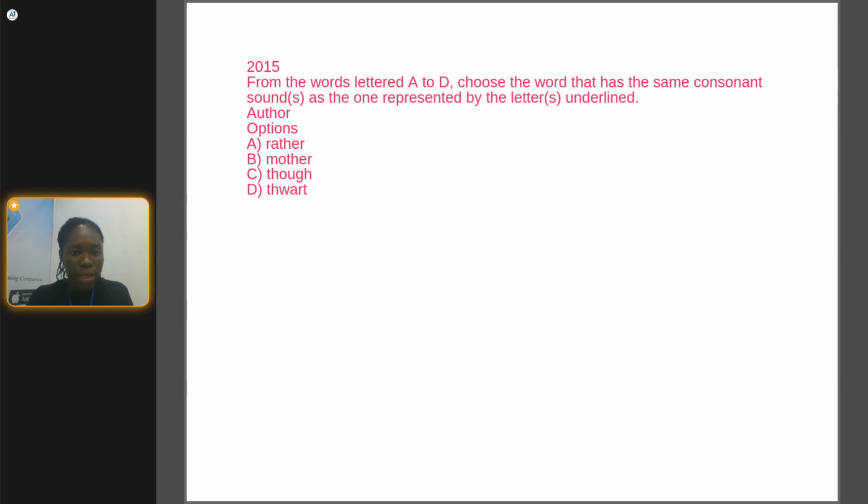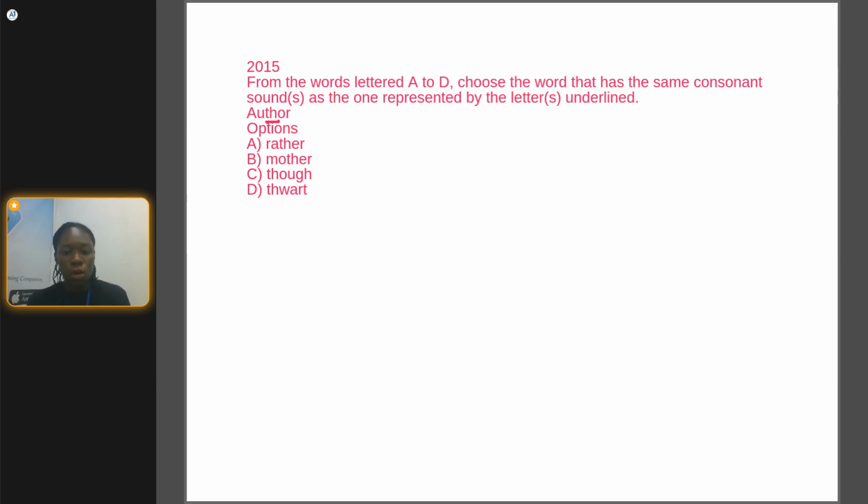All right, so we have TH underlined and we have options. We have the word author, and TH is underlined. We have options: option A as rather, option B as mother, option C as though, option D as thought.